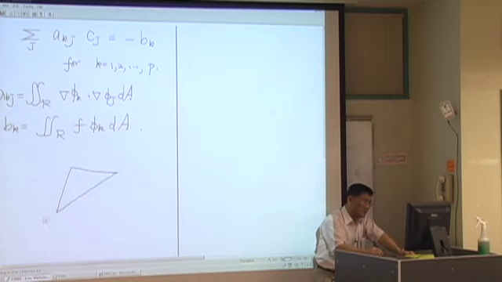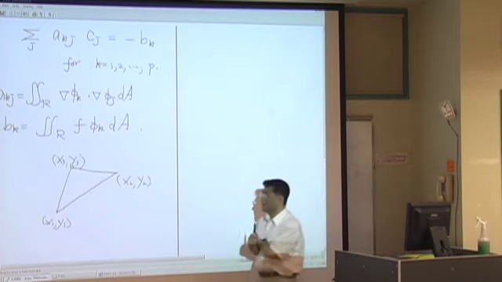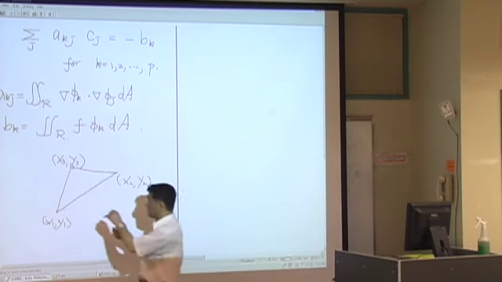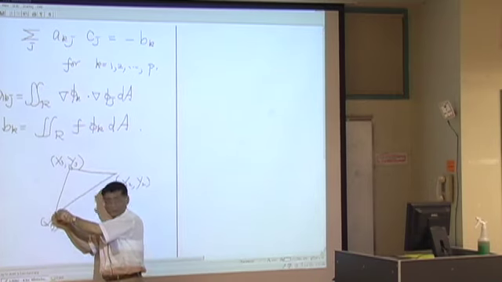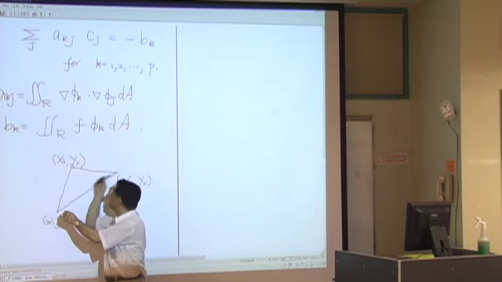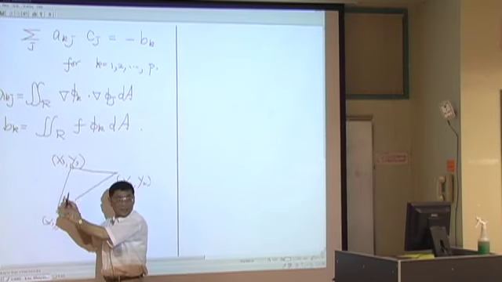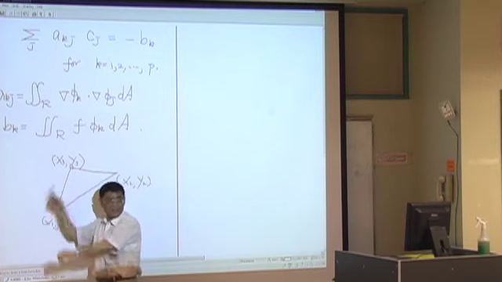Say it has x1 position, y1 position, and x2, y2 coordinate, x3, y3. Then we consider a plane having height 1 here, height 0 here, height 0 here.